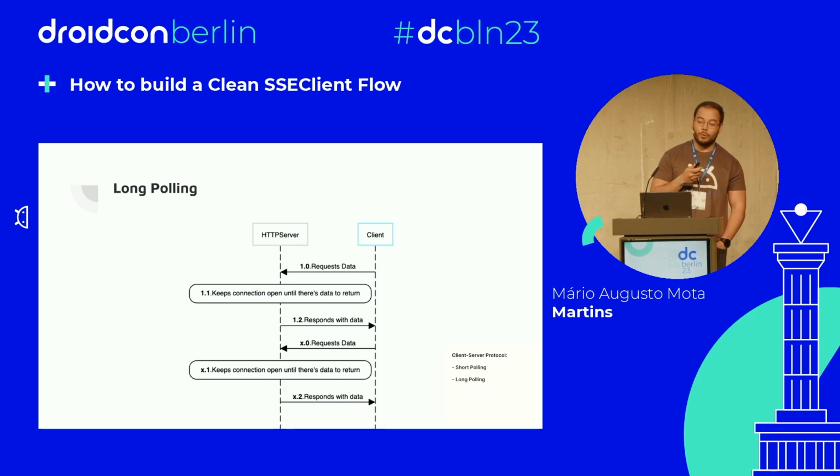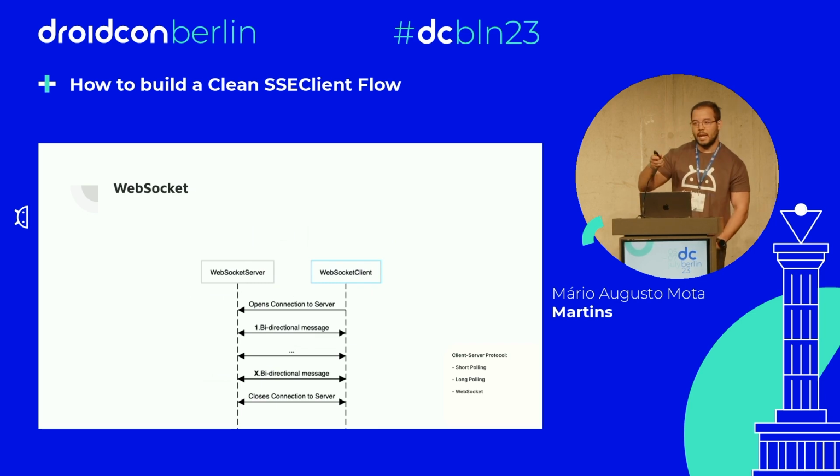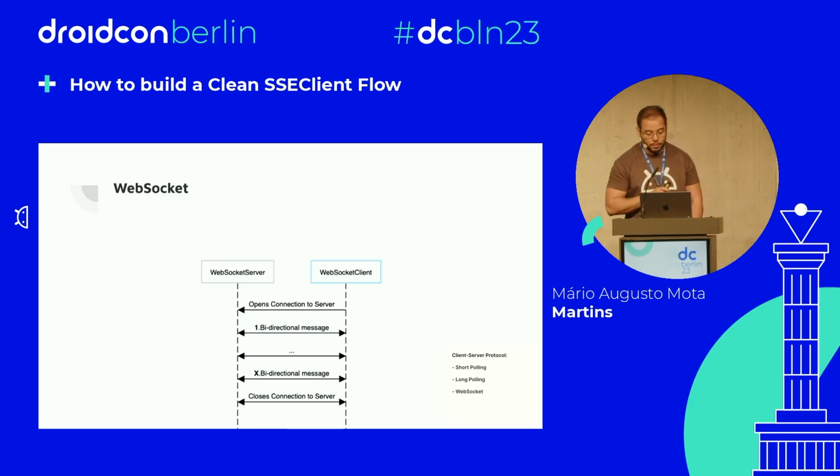And we can go a little bit further and move to the WebSocket protocol, which is not HTTP anymore. It kind of uses it for the handshake step, but it's not the same protocol anymore. So now what we have is not a request, it's an open connection. You are opening a connection to the server, and this connection is known as a full duplex connection. It's a bidirectional connection.